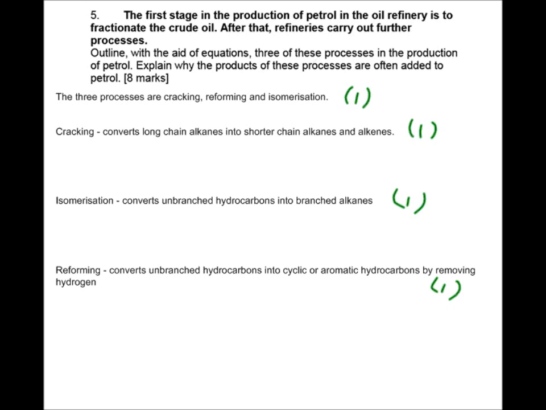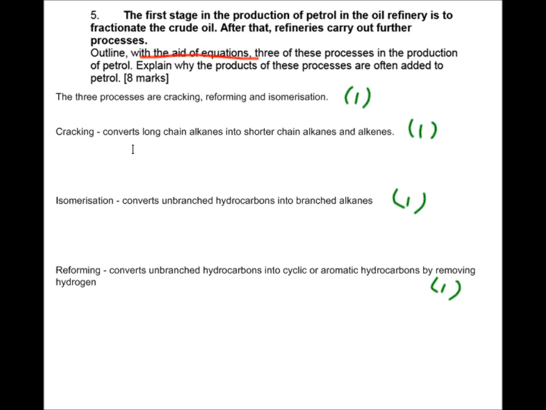As you can see in the question, it says outline with the aid of equations. So that means that we've got to give an equation for each process. So I'll just give an example. Cracking, which we've said converts long chain alkanes into shorter chain alkanes and alkenes.